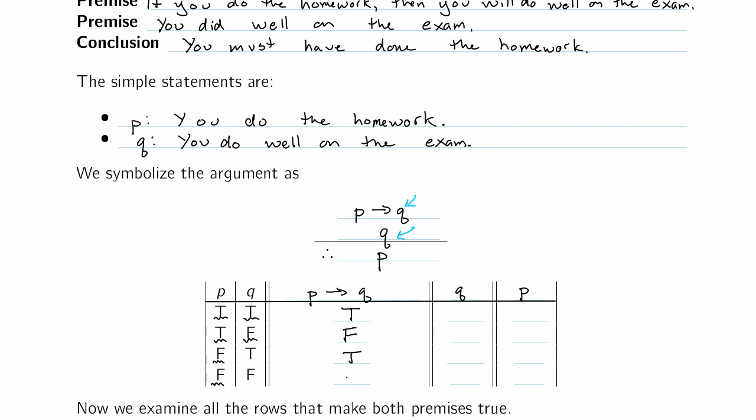So when P is false, the conditional is just true automatically. Okay, and then for these columns I'm just going to copy. I'm going to copy Q, which goes true, false, true, false, and I'm going to copy P, which goes true, true, false, false.